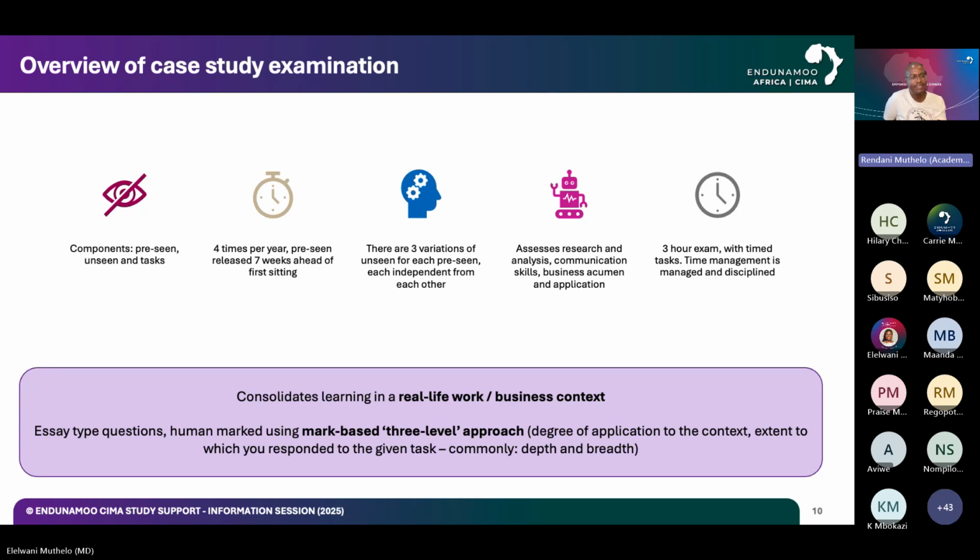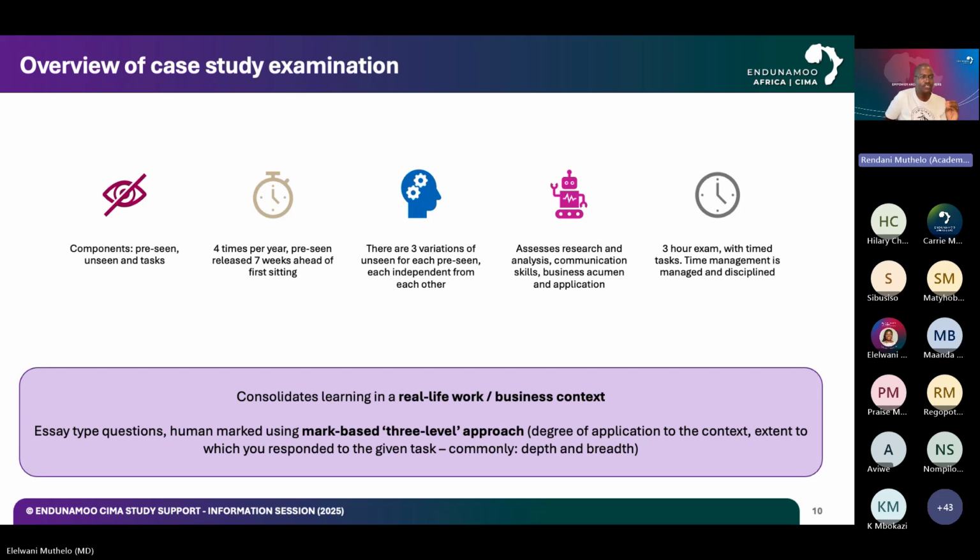And again, in August, there's going to be 3 new variants. What does that mean? It means from the same pre-release, pre-seen material, there are 6 copies of the what? Of the case study. Does that make sense? But you'll only need to sit for 1.